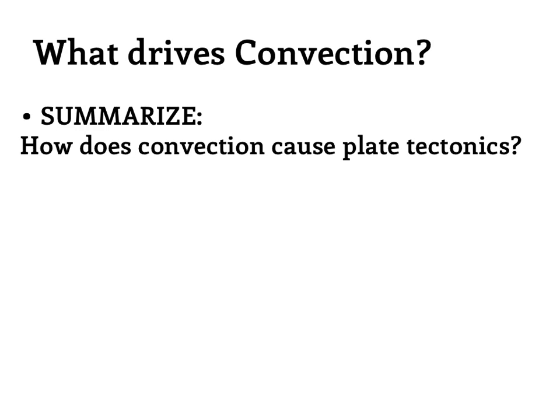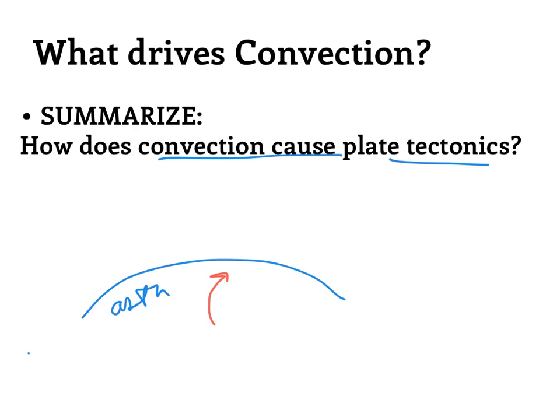So let's make a connection here. How really does convection cause plate tectonics? Well, we know that inside the earth we have the asthenosphere, and that asthenosphere has the flow to it, where we see warm material rising up and cool material sinking down. And so the movement of that material inside the earth causes movement of the crust on the top.